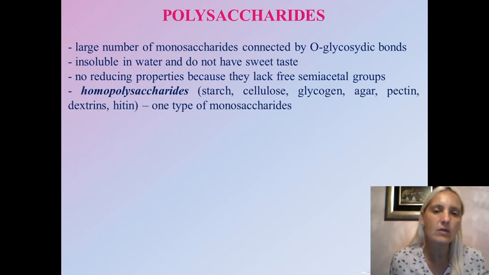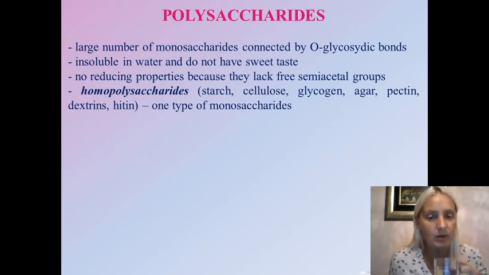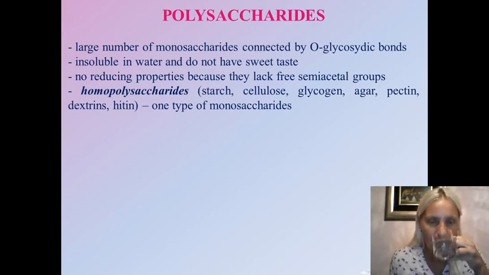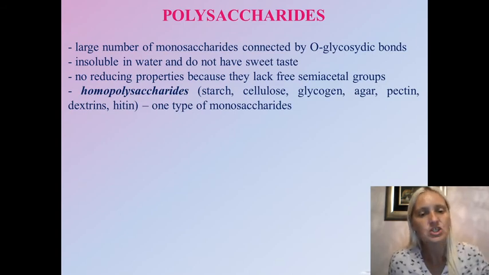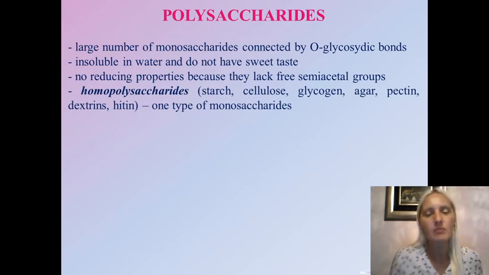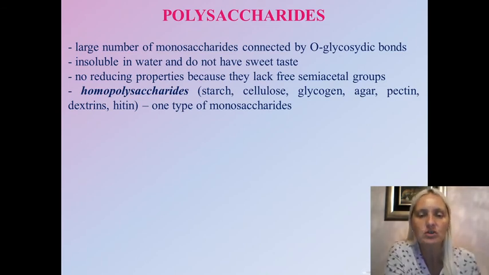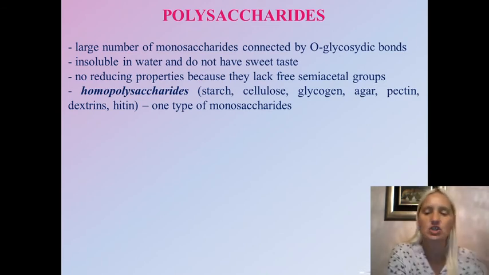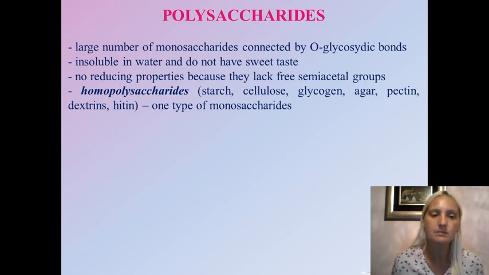So polysaccharides are classified in two groups. Homopolysaccharides contain only one type of monosaccharide in the structure, like starch, cellulose, glycogen, agar, pectin, and so on.